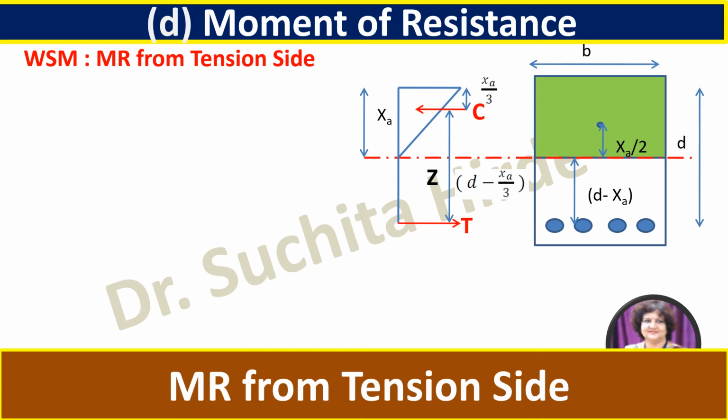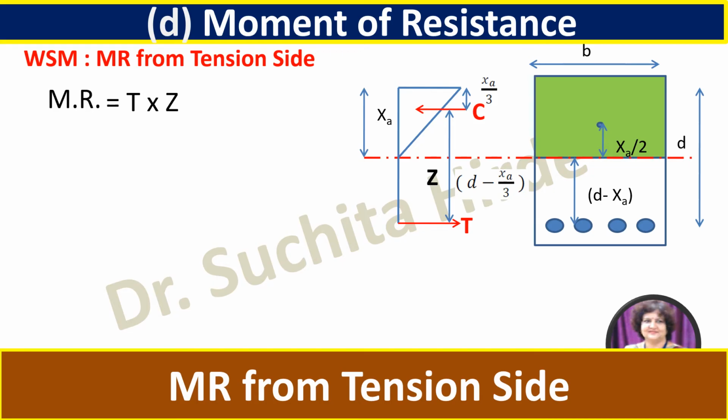So what is moment of resistance? Moment of resistance is nothing but the force forming the couple multiplied by the lever arm. So moment of resistance from tension side in case of working stress method is calculated from this diagram. So moment of resistance is equal to T into Z.